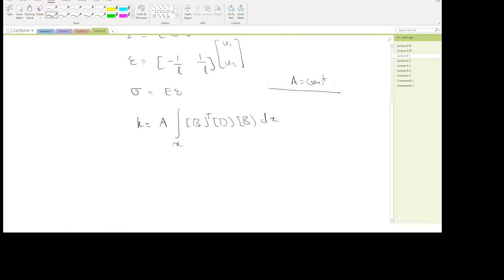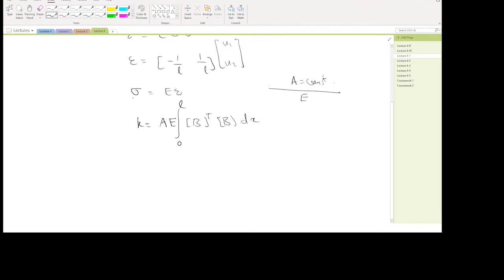The D matrix first. We're talking about a linear element which has only a material property of elasticity modulus. So this D matrix here is just the elasticity modulus, so we can take it out and put it in here. So the stiffness matrix is basically integration over the length, going between 0 and L, of B transpose multiplied with B over x.